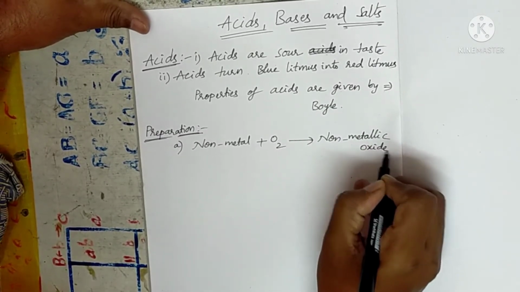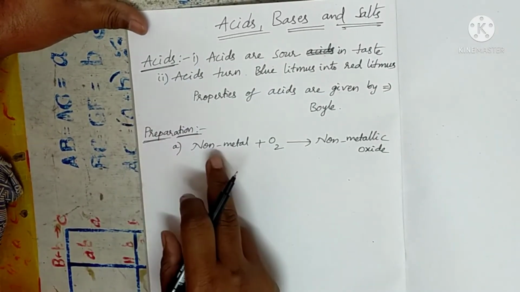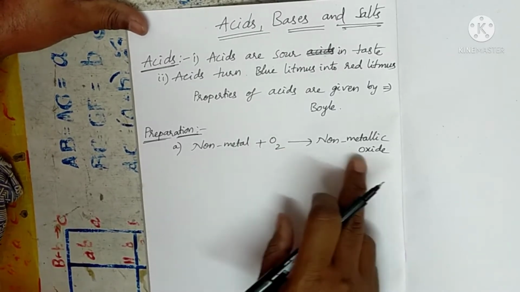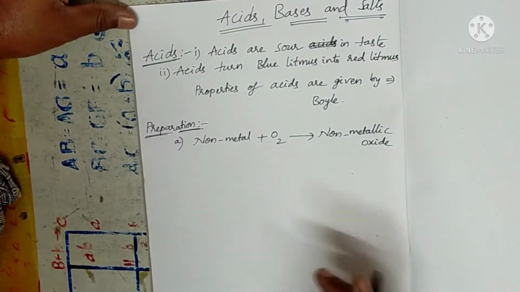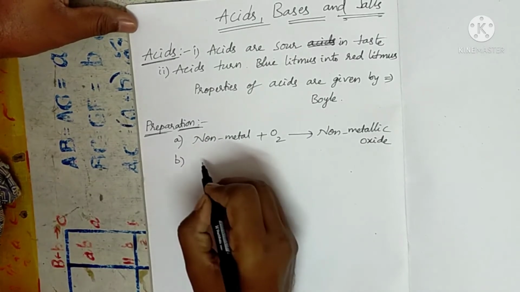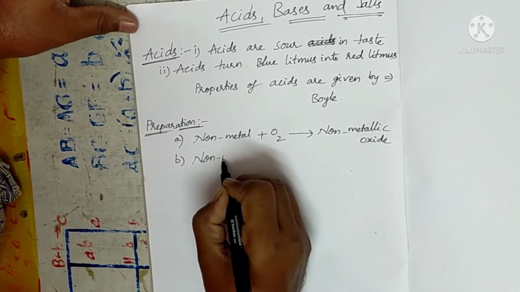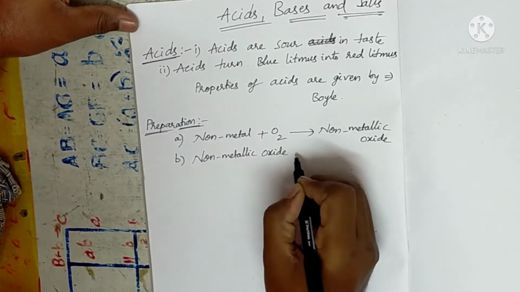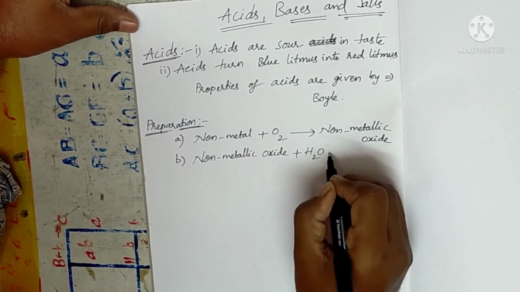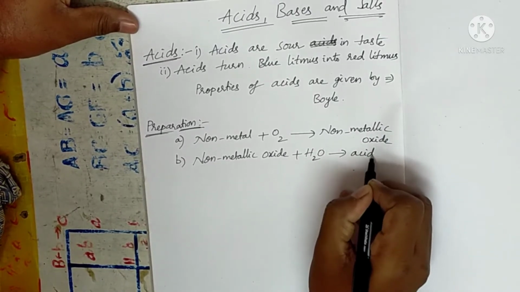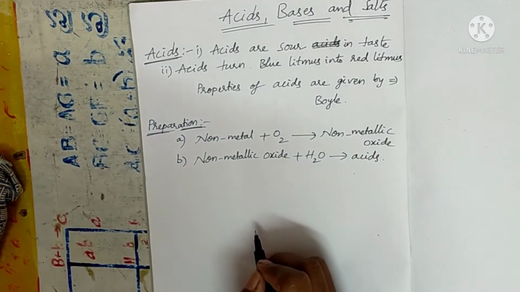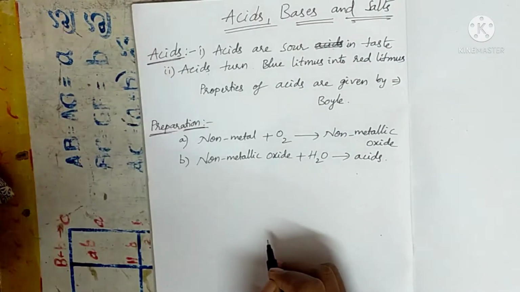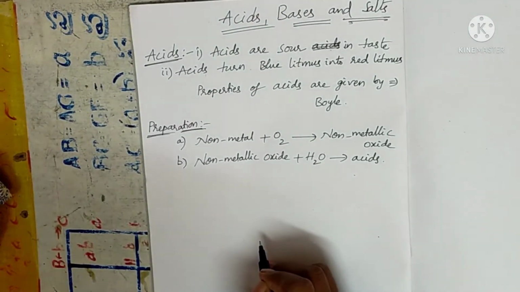Second step: this non-metallic oxide dissolves in water and gives acids. So finally, acids are prepared when non-metallic oxides are dissolved in water.